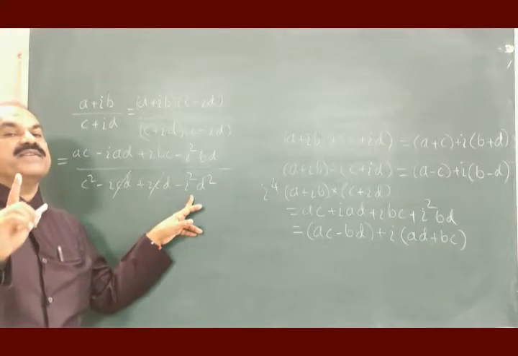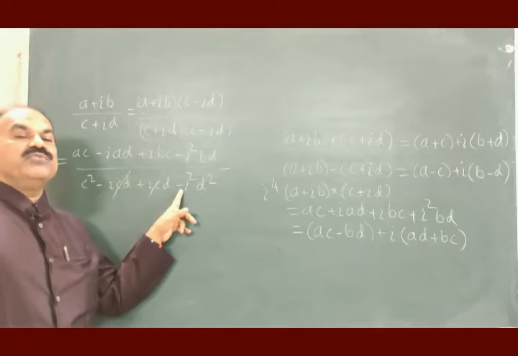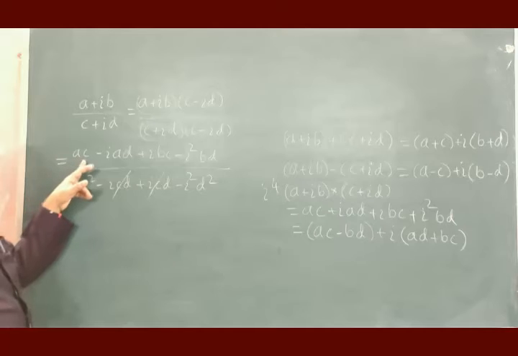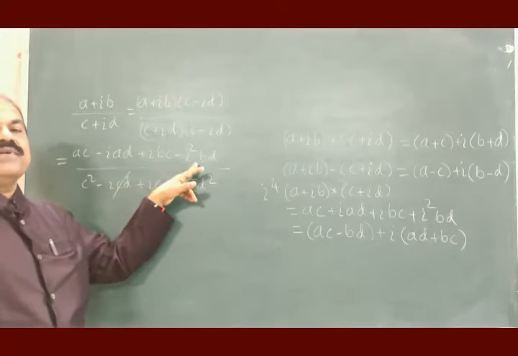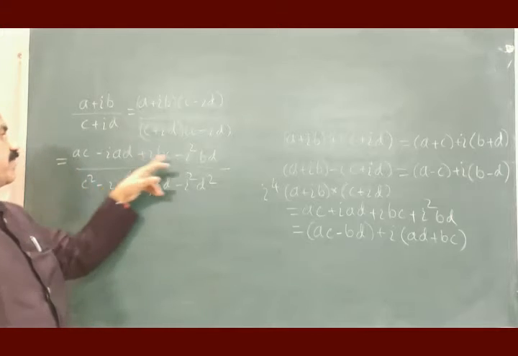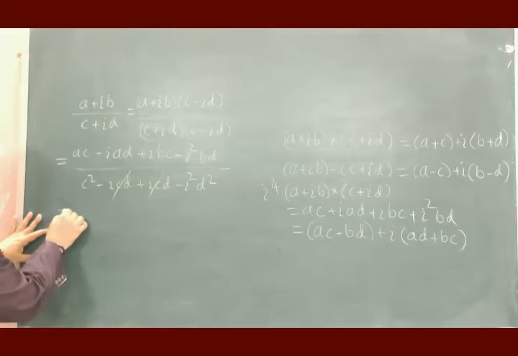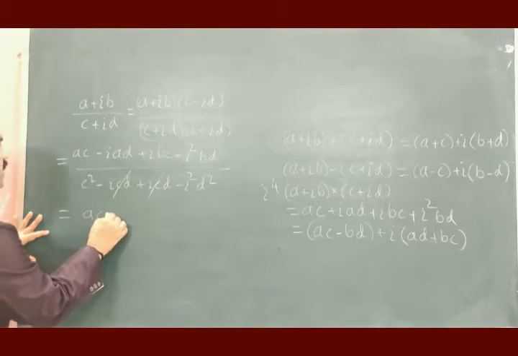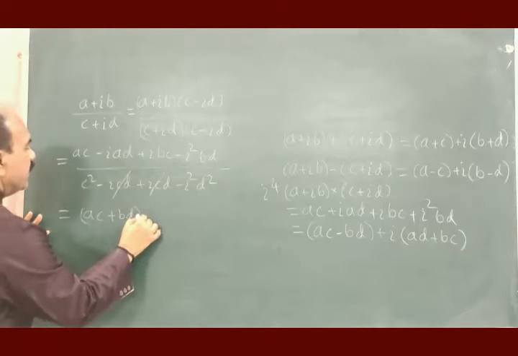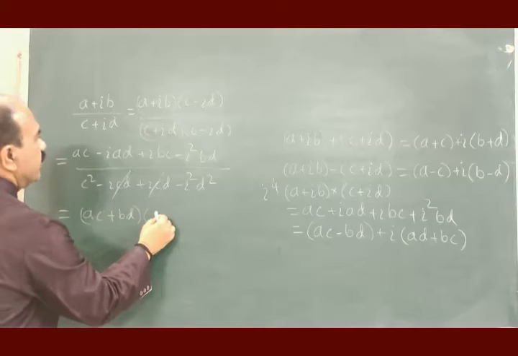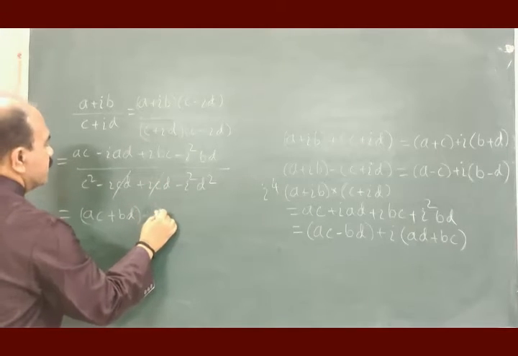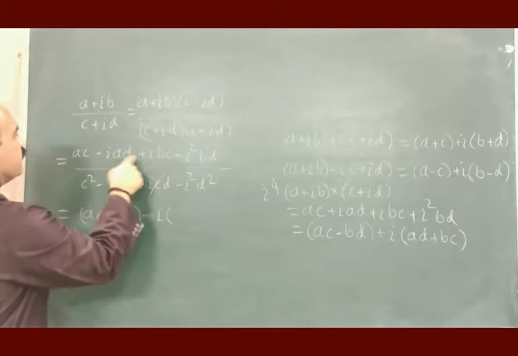I square is minus 1. Minus 1 into minus, that is plus. Here, this is real term. This plus this. That is AC plus BD into, in the other bracket, plus this I is taken common.